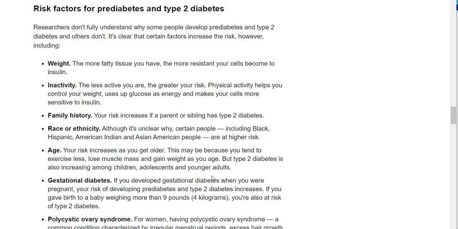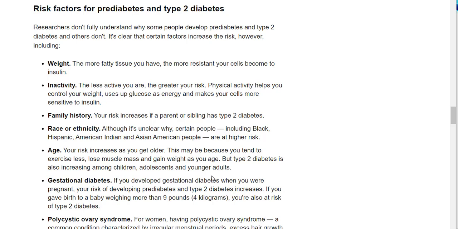I want to make sure that you understand that there is a possibility that folks who are overweight will not develop diabetes, and that there are folks who are not overweight who will develop type 2 diabetes. These, again, are risk factors. So these are things that increase your chances to develop prediabetes or type 2 diabetes. The other thing that I want to mention is that risk factors is another one of those terms that you will need to know how to interpret for this class.